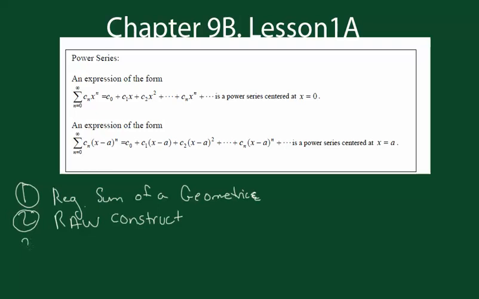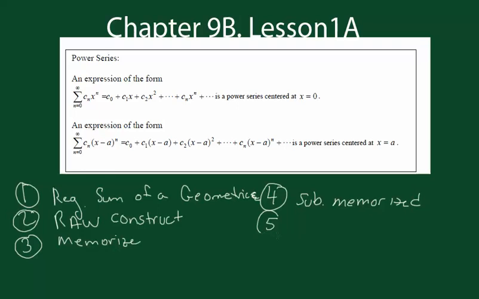Number 3, we are going to memorize. Now, the raw construction portion will help us to construct those from which we will then memorize. Then number 4, we will substitute into ones that we have memorized.